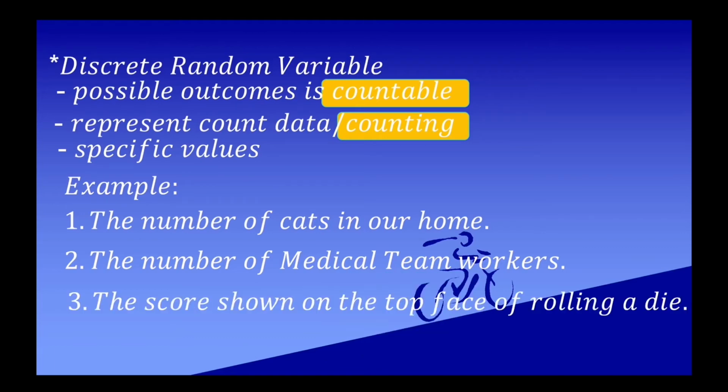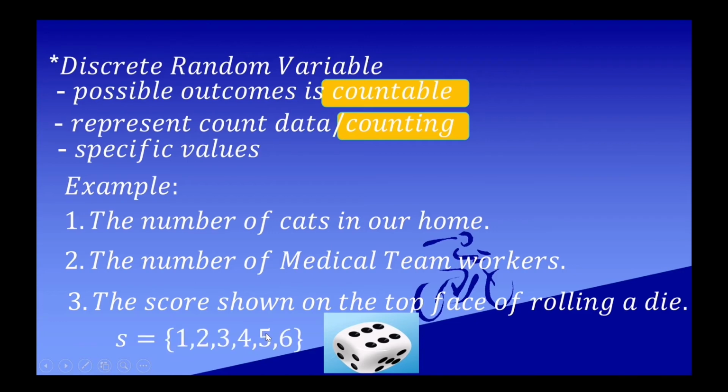Number 3, the score shown on the top page of rolling a die. How many outcomes are there in rolling a die? We know a die can show a number from 1 to 6 in rolling a single die. So we can say it is a discrete random variable since it takes on a specific value in every element.